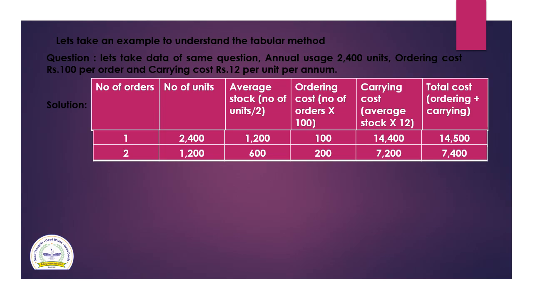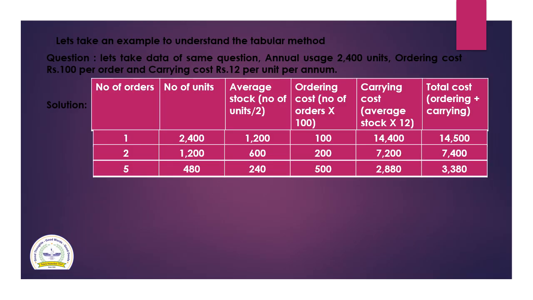Taking the next assumption, where we are increasing the number of orders to 2, the number of units in each order will be 1200. Average stock would become 600, ordering cost would become 200, carrying cost would become 7,200, and total cost becomes 7,400.